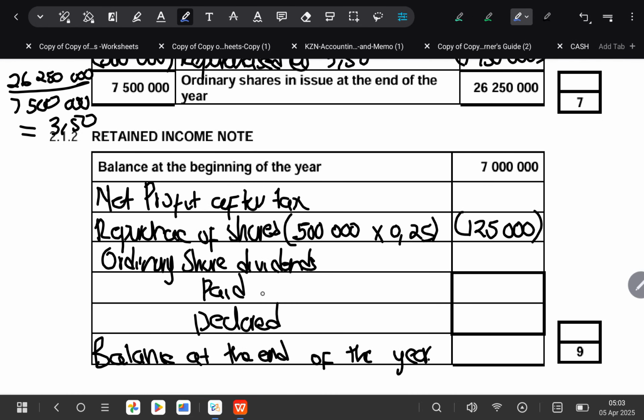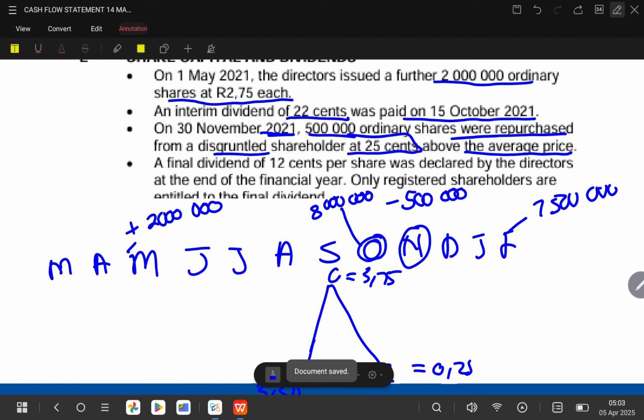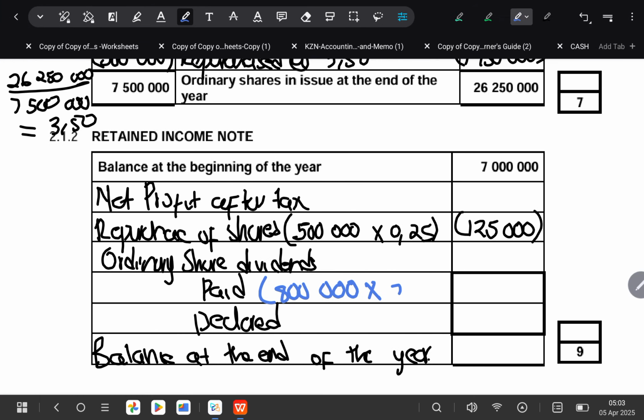So in terms of interim, you are going to say 8 million multiplied by, let's check how much they said they paid. They said they paid 22 cents. So you multiply it by 0.22.